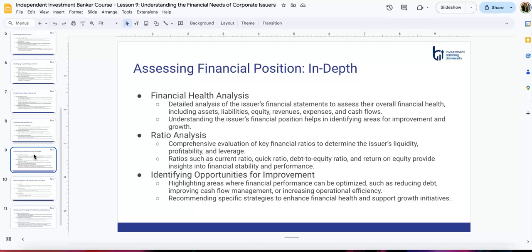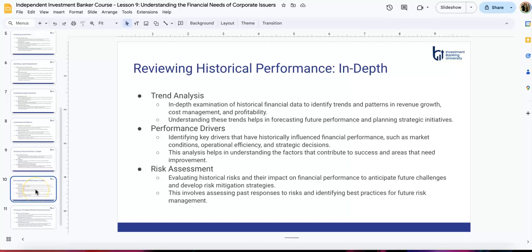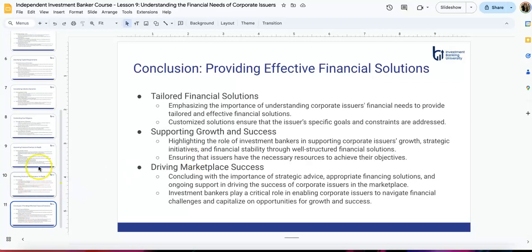So we've already discussed assessing the financial position, where they're at now and where they've been. At the end of the day, we need to do a detailed analysis of the financial statements to assess their overall financial health. Ratio analysis we already talked about, and identifying areas for improvement. And then reviewing historical performance is just an extension of that, really getting to the performance drivers or value drivers with regard to the financials, and then seeing where those are going from a trend standpoint.